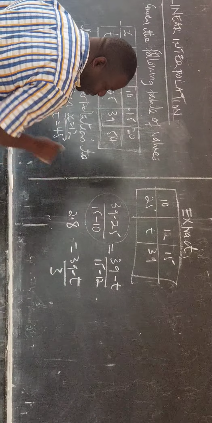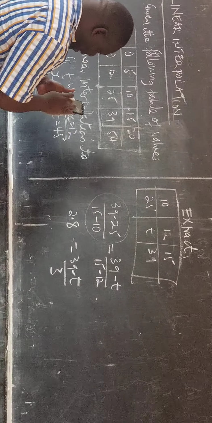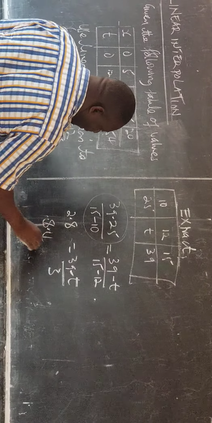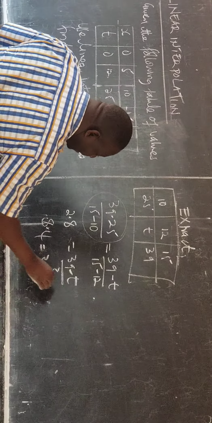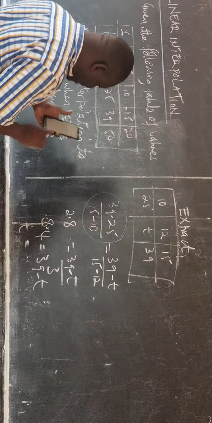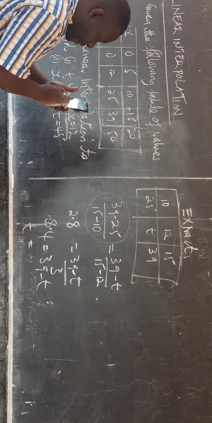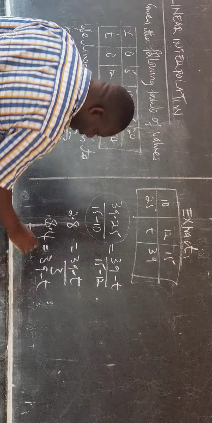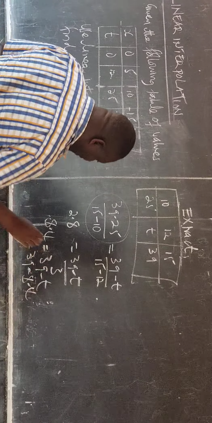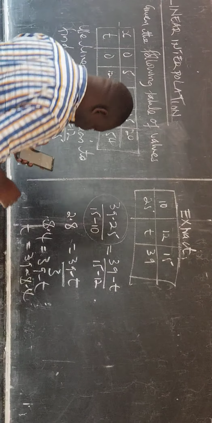So when we cross multiply, 2.8 times 3 equals 39 minus t. So when we bring the t this side, we shall have t equals 39 minus 8.4.